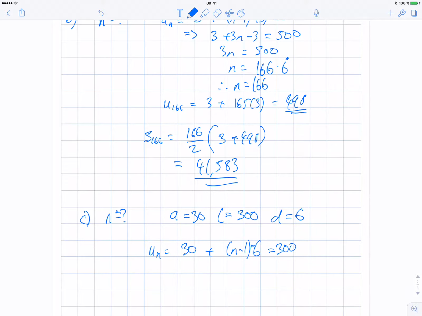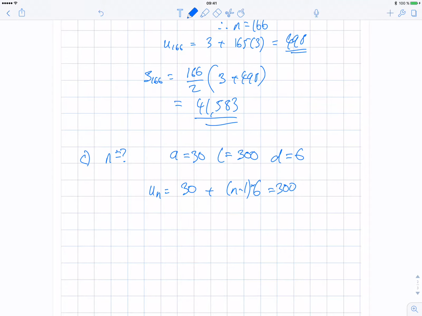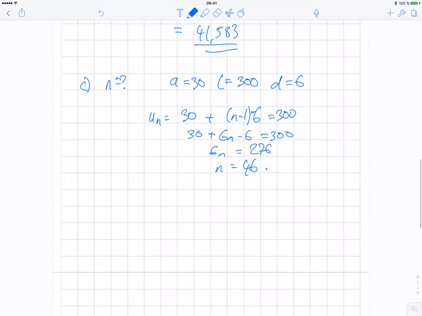That's equal to 300, so we're calculating what n is. So we have 30 plus 6n minus 6 equals 300. So 6n is equal to, well, 30 minus 6 is 24. 300 minus 24 is equal to 276. Divide by 6, I get 46. So n is equal to 46.